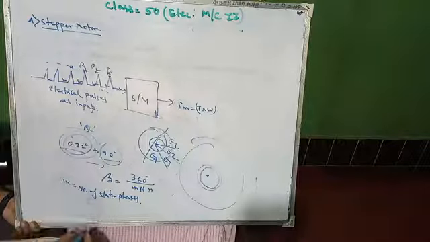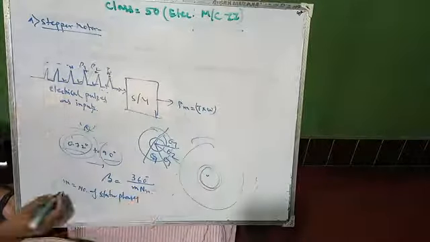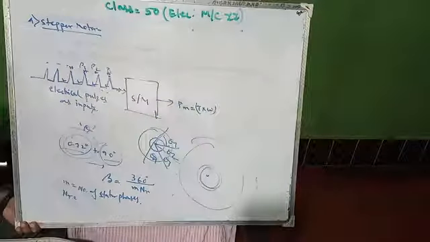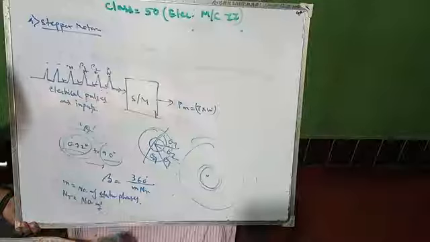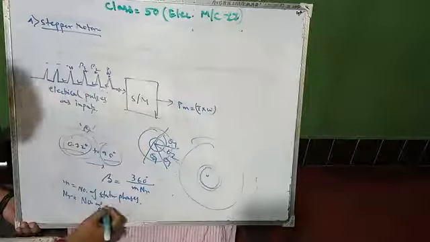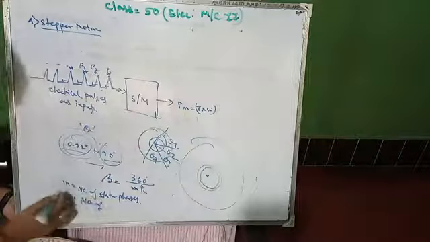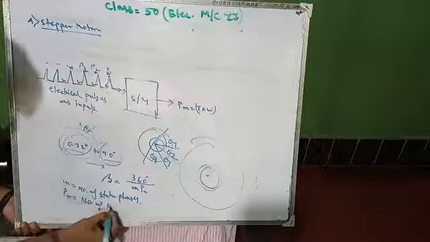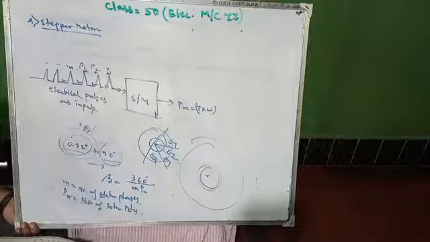Next, it is not nr, sorry, make it Pr. Pr equals the number of rotor poles, whatever the poles are generated inside the rotor.